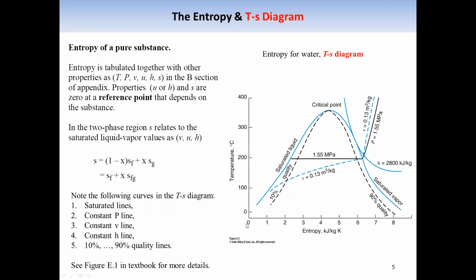It represents the fluid entropy change as a function of temperature. And on this diagram, we have several lines, and I would like to introduce them one at a time. When the fluid changes state, temperature remains the same, but the entropy will increase.